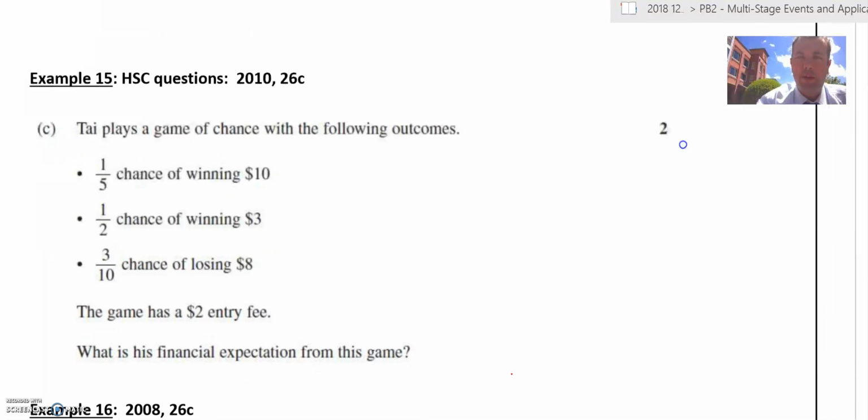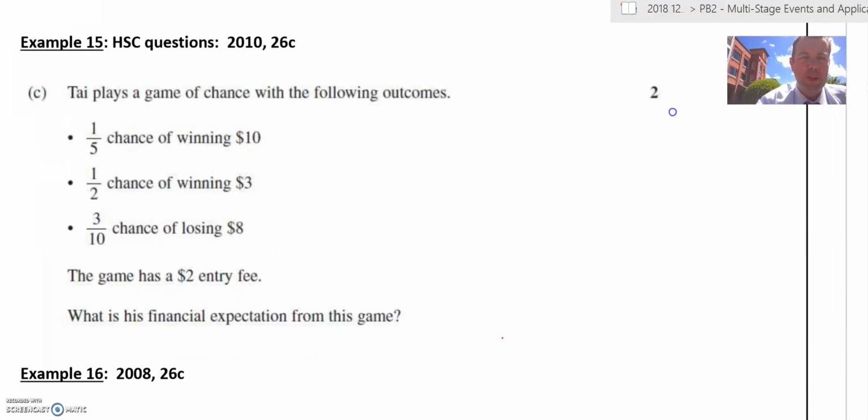Now my next example here is a former HSC question. Okay, it's not multiple choice, right? Slightly more complicated. That's a 2-marker here. So let's see how this works. I've got more than one outcome. So my financial expectation is the probability, so that's 1/5, times the outcome, $10. Now plus the next one, that's a 1/2, times the outcome, which is $3.